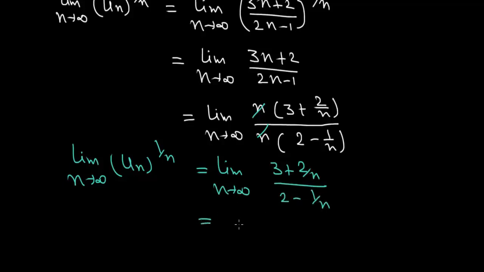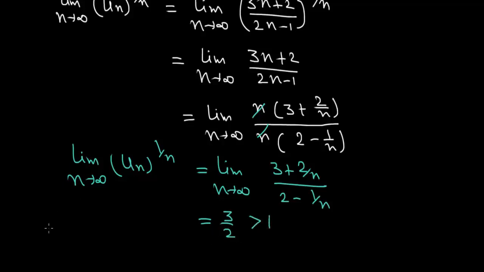Now put limit n tends to infinity: 2 upon infinity is 0, and 1 upon infinity is also 0. So the answer is 3 by 2, which is greater than 1.